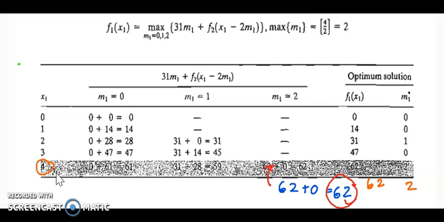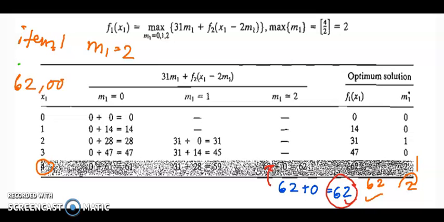And at stage 1, or item number 1, we have m1 equals 2, which means 2 units of item 1, and the return is 62. In this example, the values given are in thousands of dollars, so that means the total return is 62,000.